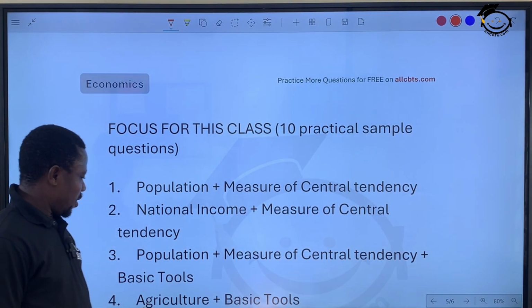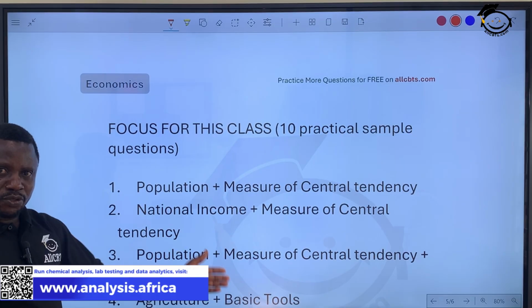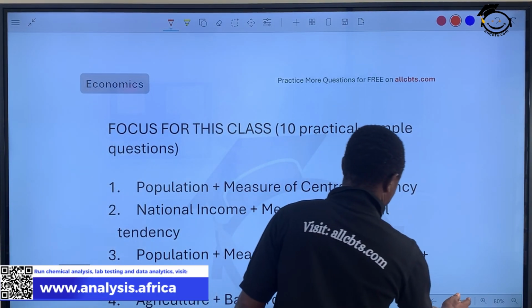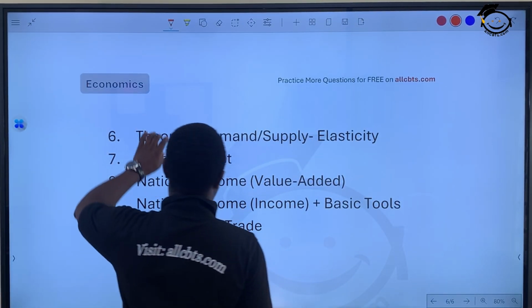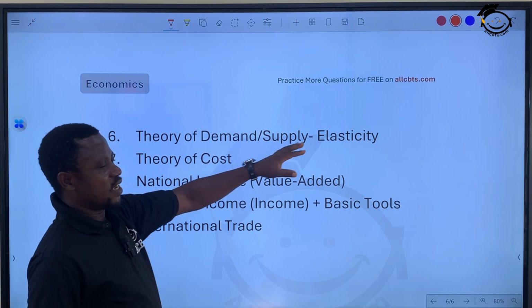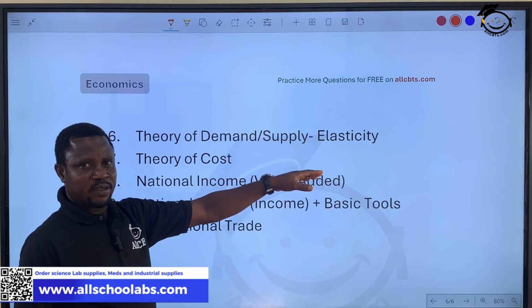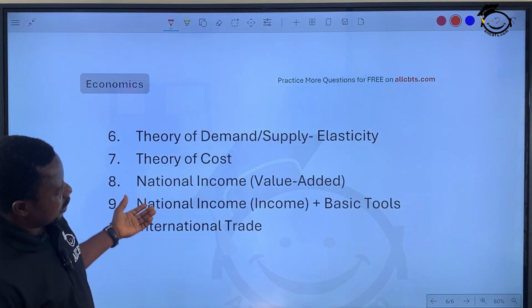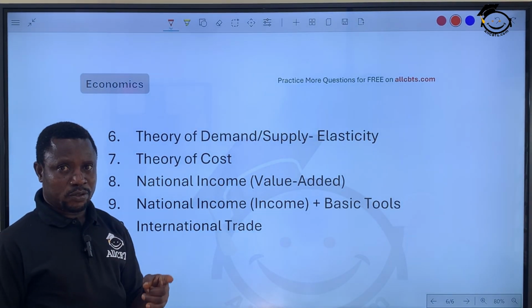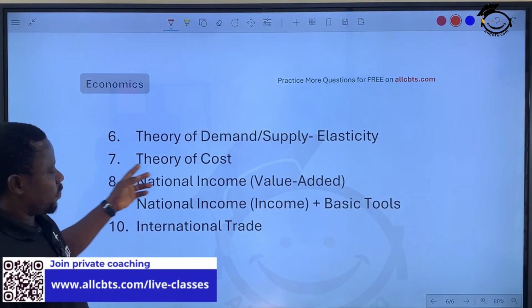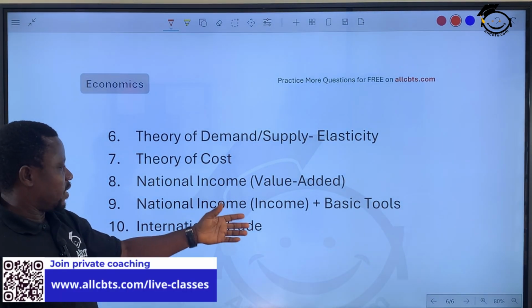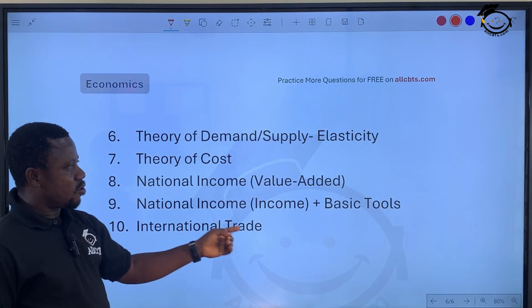Then I'll have another question with agriculture and basic tools. Okay? Another one is the theory of demand and supply, which is basically elasticity, the degree of responsiveness of change in demand or supply. Okay? Then I think I have another one that is a demand function. Then theory of cost, national income value added method, and national income and basic tools.